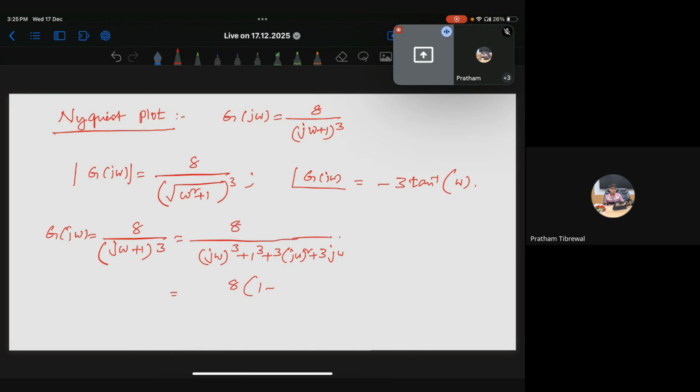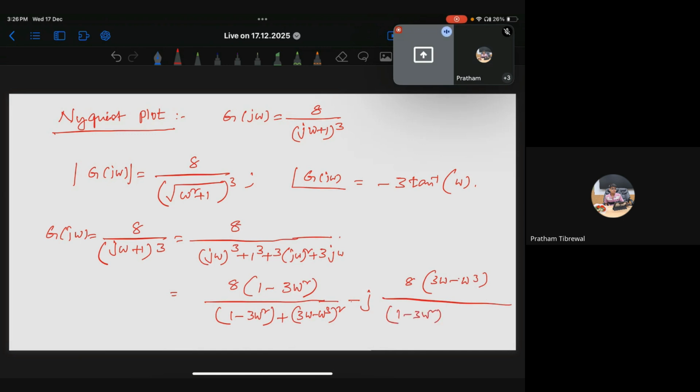If you divide and multiply with these j terms and separate the imaginary and real parts, you get (1 minus 3 omega square plus (3 minus omega cube) whole square) as the real term, minus j 8 multiplied by (3 omega minus omega cube), over (1 minus 3 omega square) whole square plus (3 omega minus omega cube) whole square.